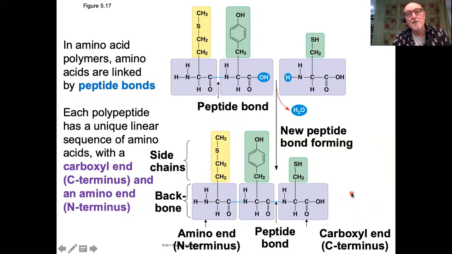So realize that, because these groups are all the same, we can in fact add any amino acid to any other. And the order of the amino acids in a polypeptide is critically important. That order is determined by the gene. That is what the gene does. The gene has the recipe for the polypeptide.